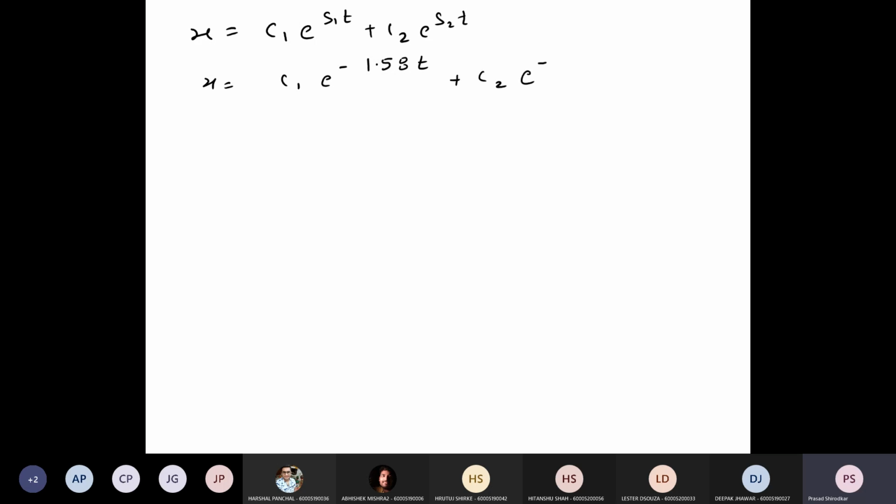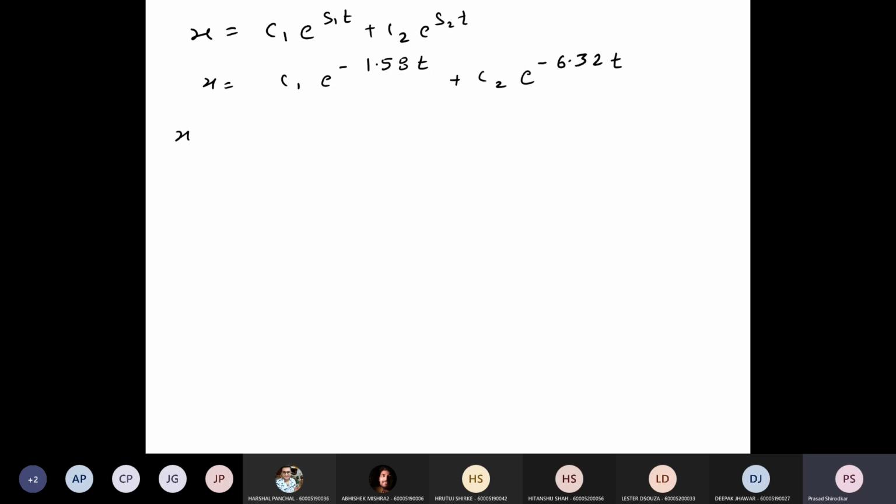The solution of this equation becomes C1 e raised to S1t plus C2 e raised to S2t. Use C1, C2 or A or B, it doesn't make any difference. So x equals C1 e raised to minus 1.58 t plus C2 e raised to minus 6.32 t.